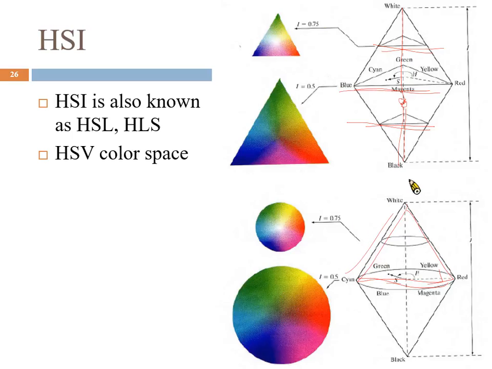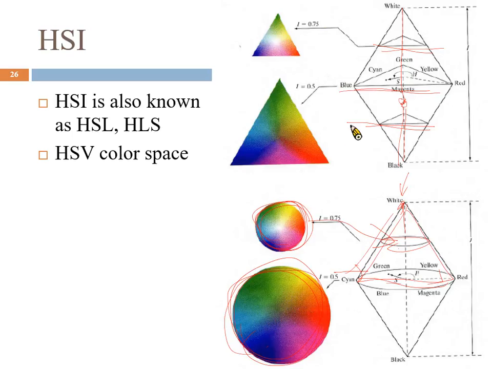If we view this cone from the top, we can see a circle like this. This plane is from this position, and this plane has higher intensity because it's closer to the white, and this plane has relatively lower intensity.